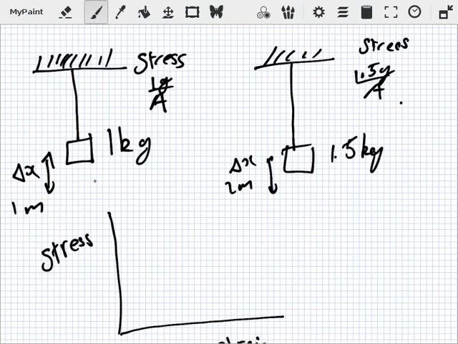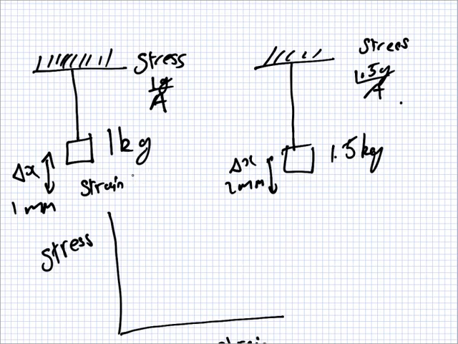Okay, here what's the strain? Did you say 1 millimeter, or 1 meter? 1 millimeter, okay. So the strain is 1 millimeter over the natural length, and here the strain is 2 millimeters over the natural length.